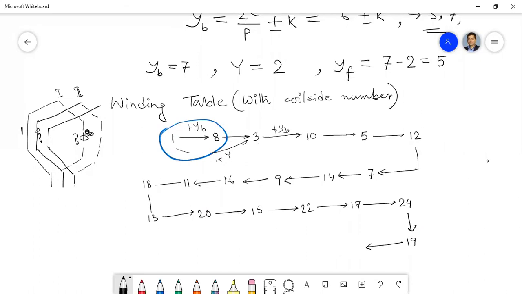Because 17 plus 2 is 19, and 19 plus 7 will be 26, but there aren't 26 coil sides, so it will go to 2. Have you checked whether 2 is occupied or not? Here 2 is not occupied, so we can use 2. Correct. Mute yourself.